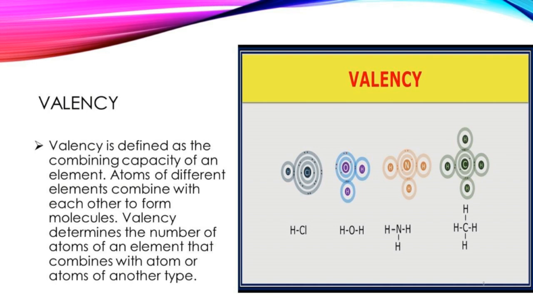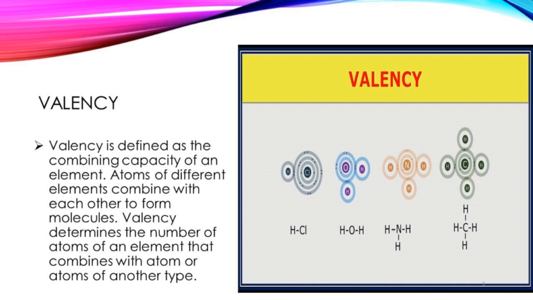For example, chlorine combines with only one hydrogen to create HCl, hydrochloric acid. So here, the valency of chlorine is 1. Then, oxygen can combine with two hydrogen atoms and create a water molecule.